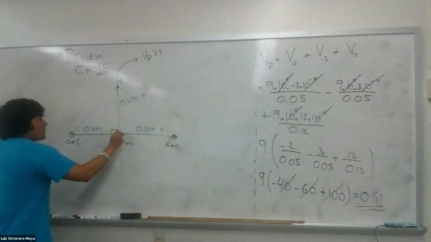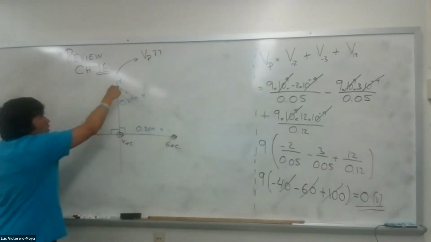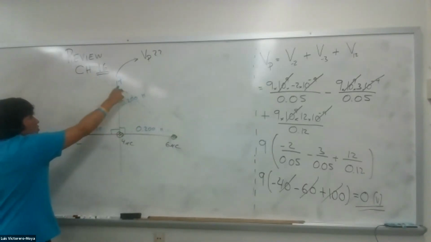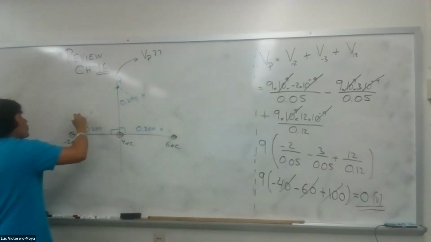This is 90 degrees, right? 0.2, 0.2, how much is the hypotenuse? Each one of them. From a special triangle, you know that's 45, 45, 0.2, 0.2.